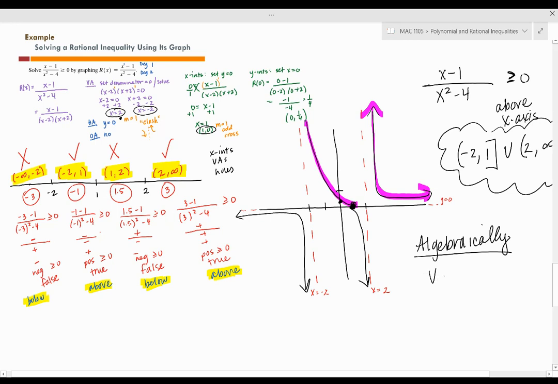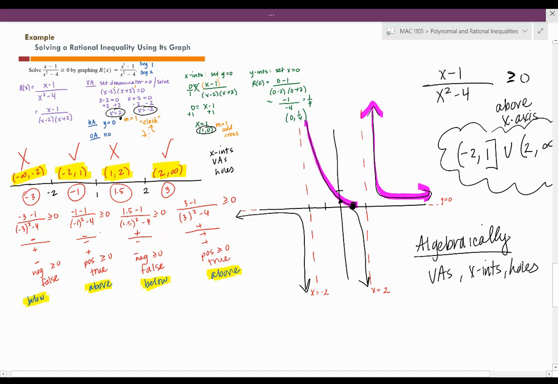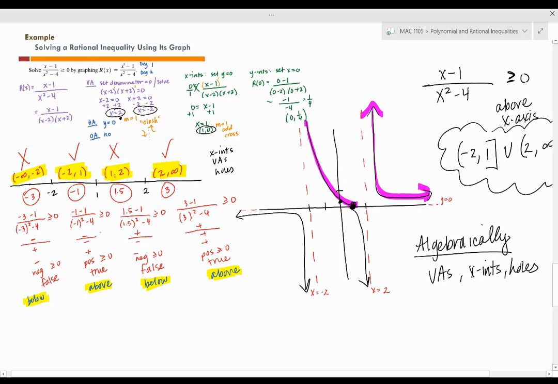So you would need to find if it had any vertical asymptotes, x-intercepts, or any holes, okay? So we did that when we found the vertical asymptotes here. We found those parts. When we found those two, we found our x-intercepts here. Okay, we had 1. And this graph had no holes, okay?